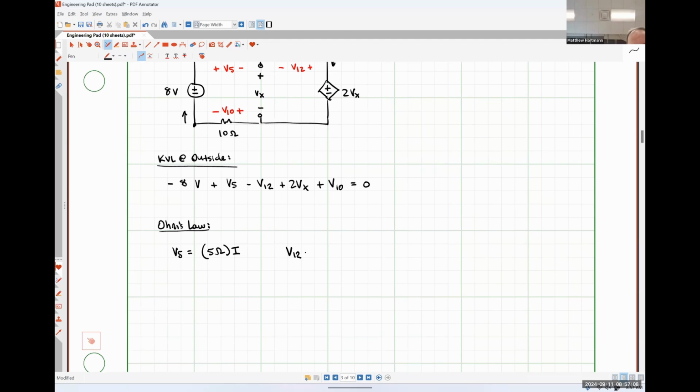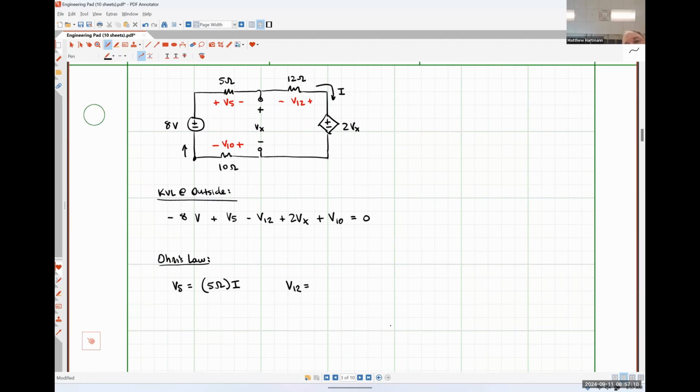What about V12? How am I going to put that in terms of my common current I? So I hear some people saying -12 ohms times I, and I hear some people saying +12 ohms times I. Tell me why it should be negative. Because the current's flowing into the negative polarity terminal, right?